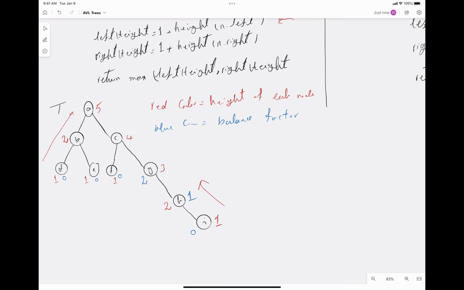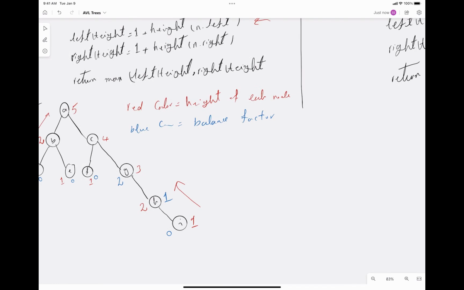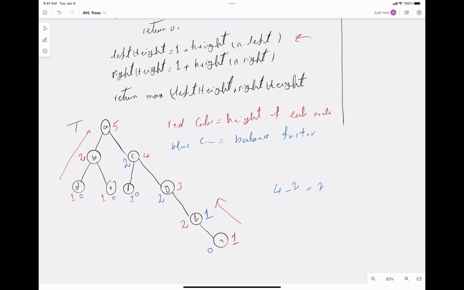Now we're going to take a look at the node C. From the left side, look at the formula again, the height of the left child is 1, so 1 plus 1 is going to be 2. And from the right child it is 4. So 4 minus 2 will be equal to 2, and that means that the balance factor of C is this number.